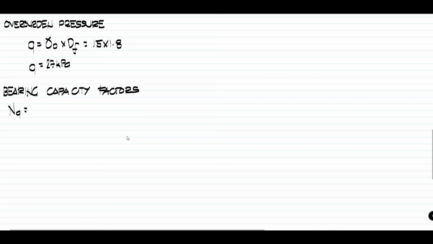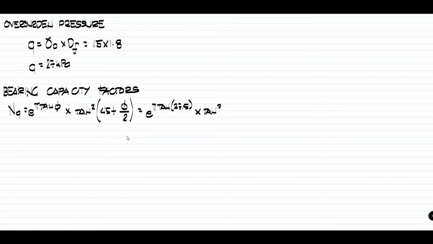Si NQ dyan will be e times pi times the tangent of phi times tangent squared 45 plus phi over 2. So substituting the value of phi, we have here e raised to pi tangent of 27.5 degrees times tangent squared 45 plus 27.5 divided by 2.